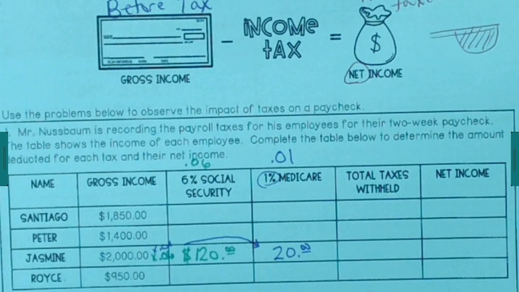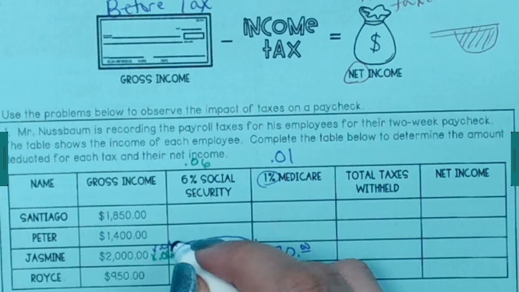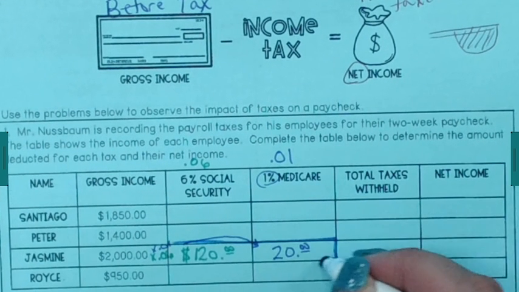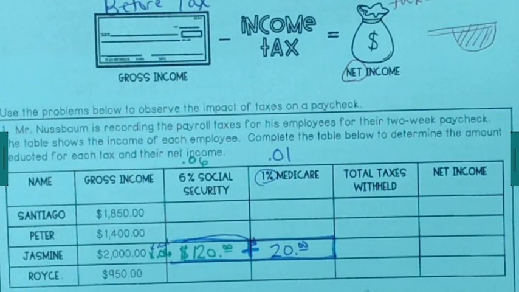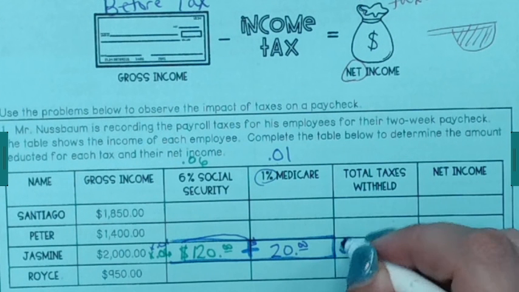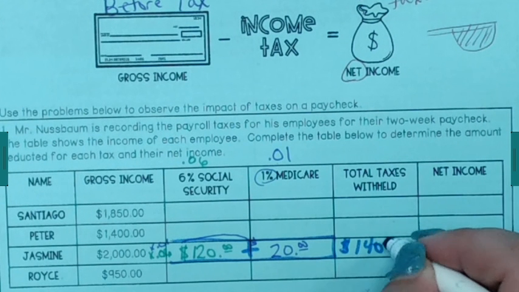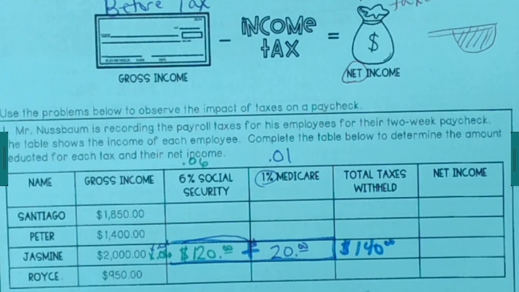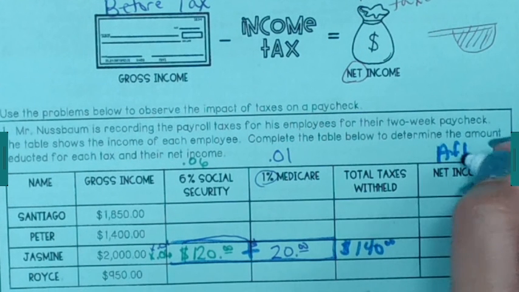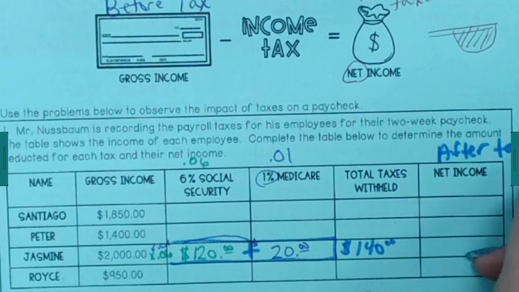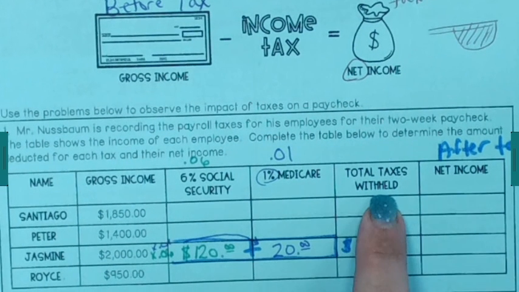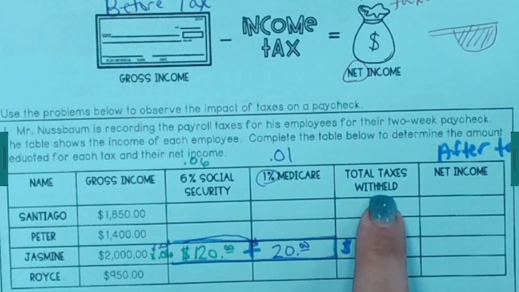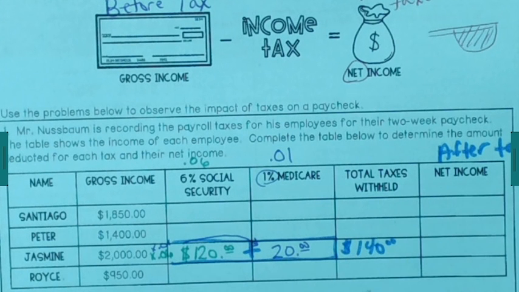All right. Now, you're going to add your deductions. These are your deductions, so add your deductions. That one's pretty easy. You could do that one in your head. $140. And then how would I find the net income? Do we add or subtract if it's withheld? You subtract. We're going to subtract these.